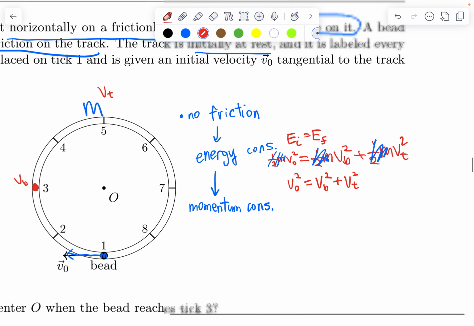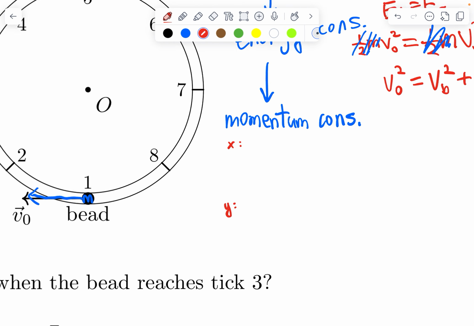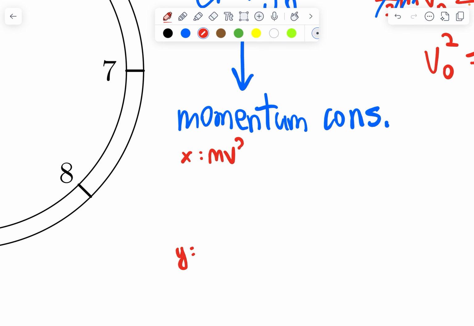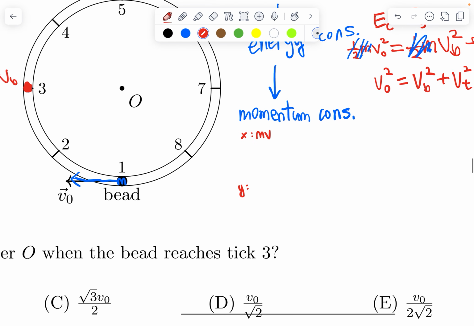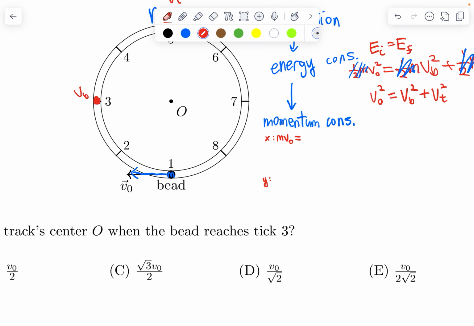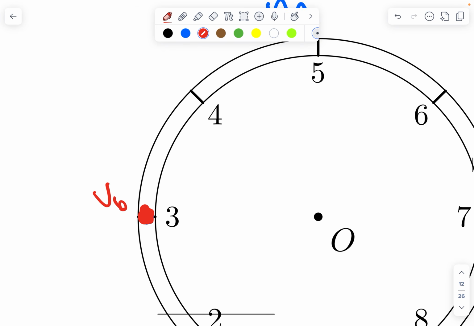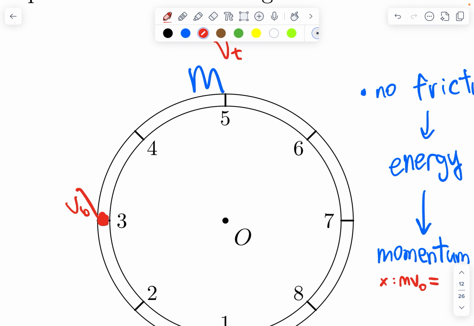Okay, so after we have this, we want momentum conservation in the x direction and y direction. So m v naught, because that's the initial momentum, is equal to the final momentum. Now this is the part where we split our velocities into components, because vb could be traveling this way, so we don't know the specific angle, but we know there's a vbx and a vby.